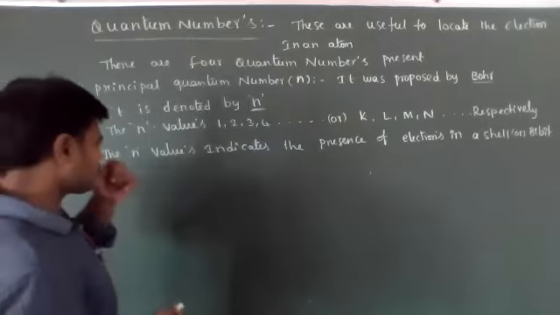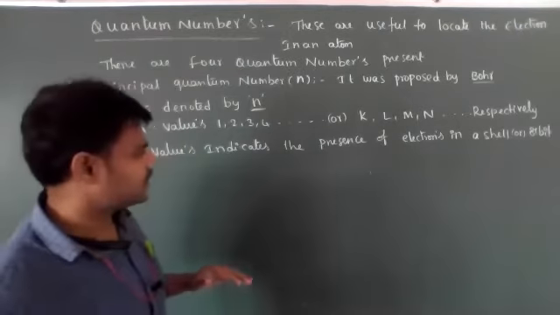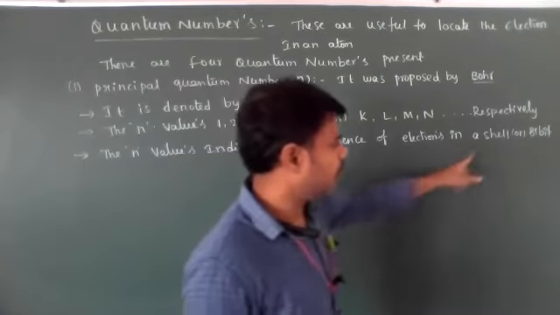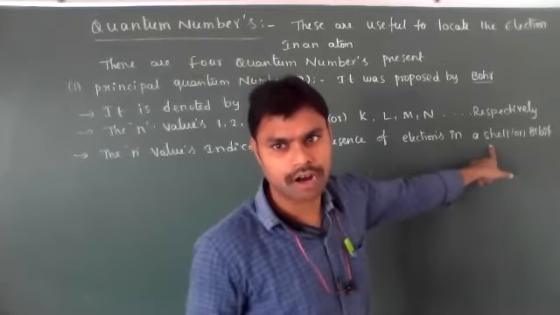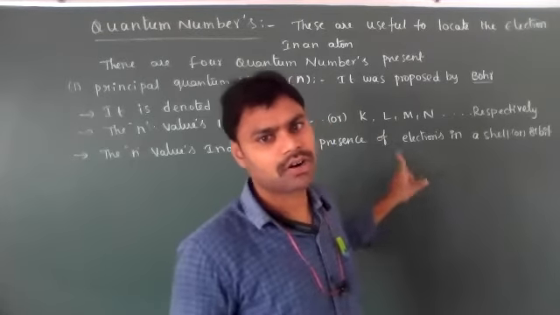The n value indicates the shell number or orbit number in which electrons are present.